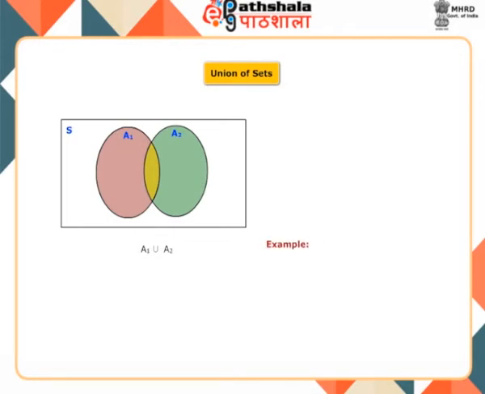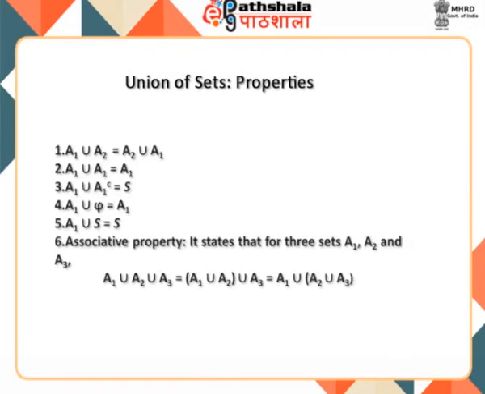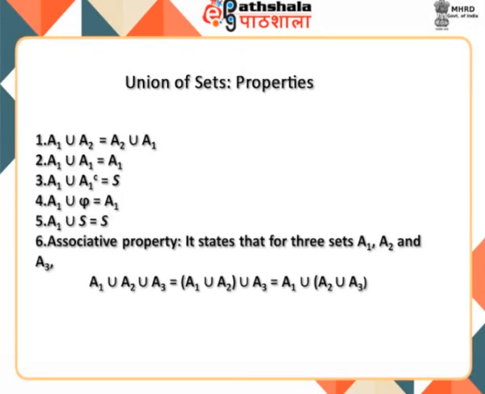Take for example, define the sets B1 is equal to {1, 2, 3, 4, 5, 6} and B2 is equal to {3, 6, 8, 10}. Then the union of sets has the following properties. 1.